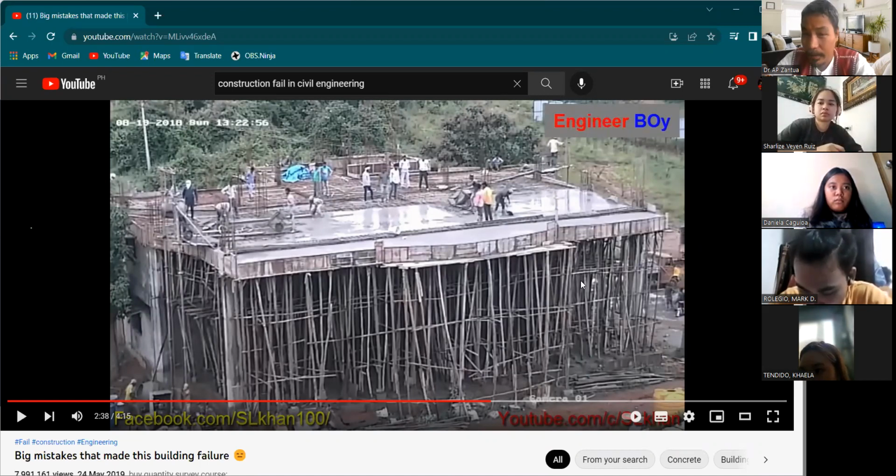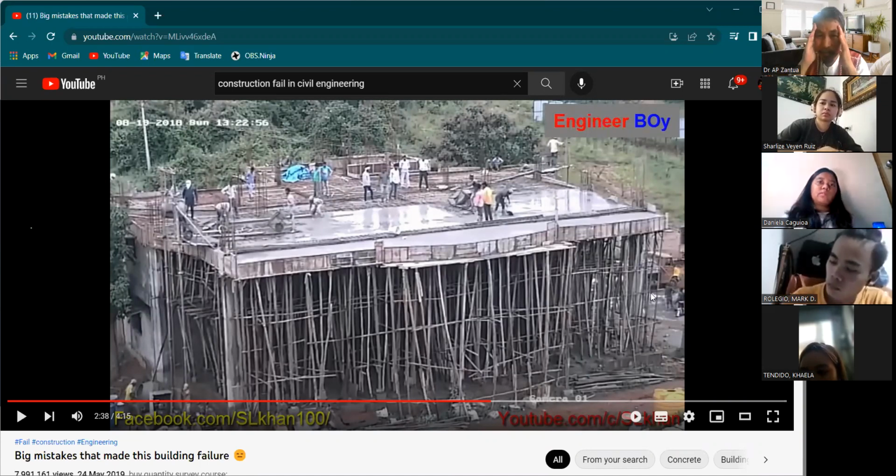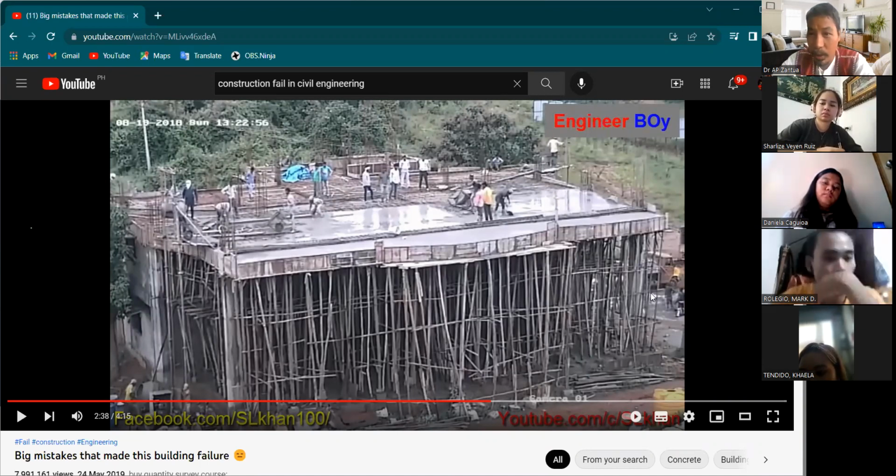Can you compare now the relative weight of concrete mixture and steel? Okay. Do you have now the proper perspective of the comparison between the weight of the materials?